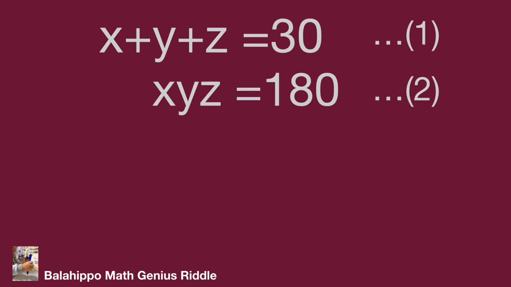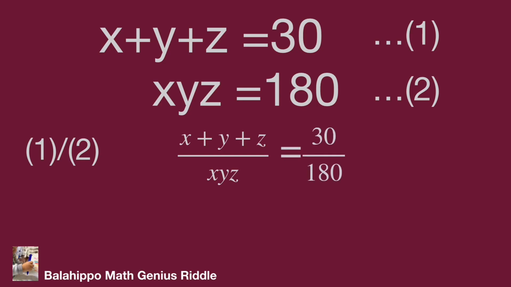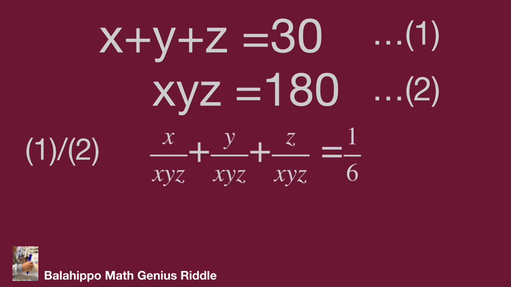Equation 1 divided by equation 2 gives (x plus y plus z) over xyz equal to 30 over 180. The fraction on the left side distributes into three fractions. The equation becomes x over xyz plus y over xyz plus z over xyz equal to 1 over 6.